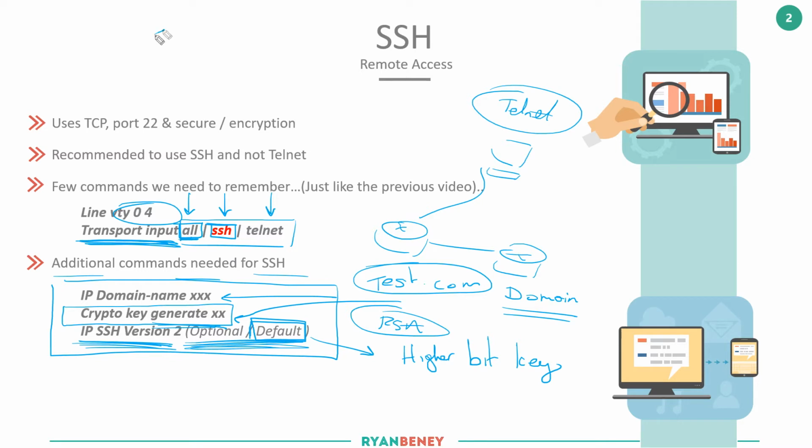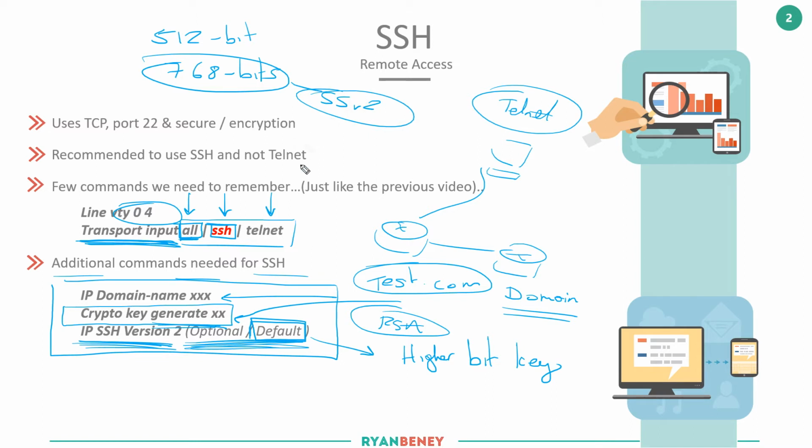By default, I think it's 512 bit, but I think it's 768 or something higher for SSH v2. So if you have a security policy in your company that requires SSH version 2, then you have to generate larger bit keys, which in this day and age doesn't have too much effect on the hardware, but ultimately it does mean that the CPU is going to have a higher load to generate those keys.